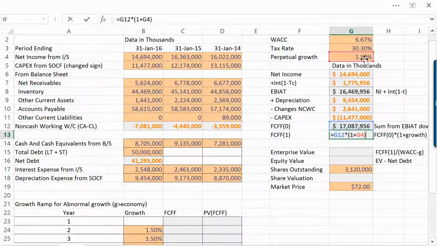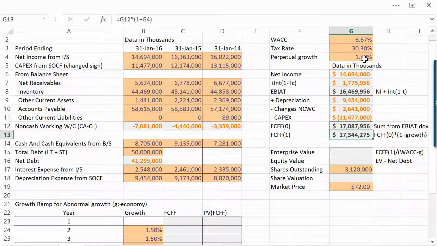Now, a note on perpetual growth rates. Perpetual growth rates can never be higher than the expected nominal growth of the U.S. economy. If you assume a growth rate greater than the economy forever, you're assuming that eventually this firm becomes larger than the economy. So you can see why you can never assume that.